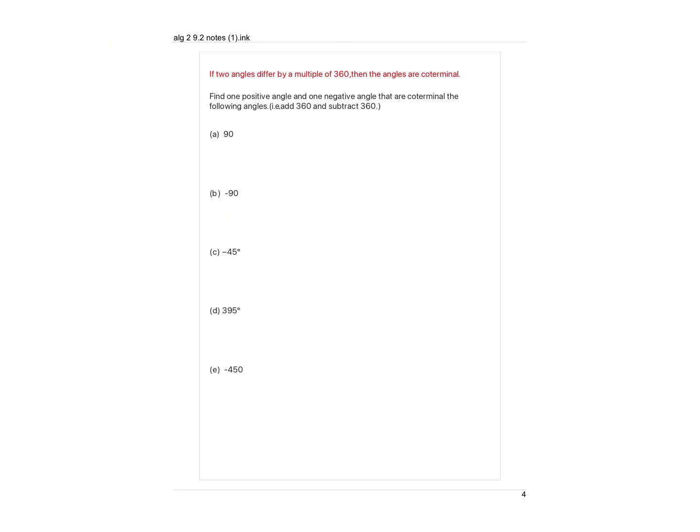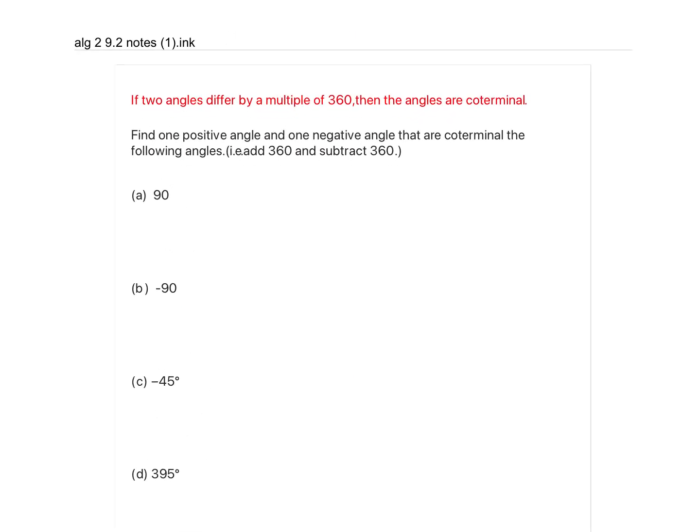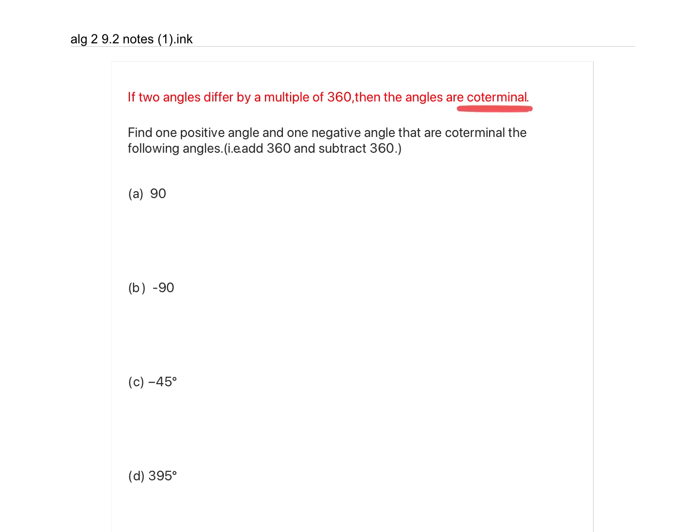Our next thing we're going to talk about is coterminal angles, okay? The word here is coterminal. All it means when you have coterminal angles is that you are on the same spot on the coordinate plane. So if I have an angle that's like right here, let's pretend that it's 45 degrees.